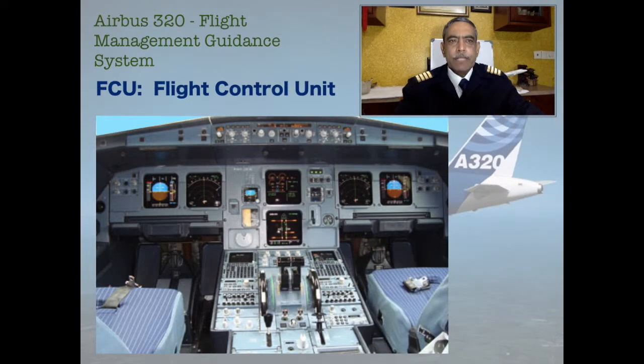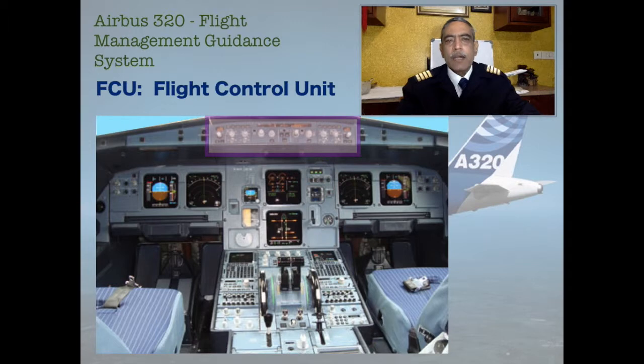Okay, let me take you straight to the cockpit. Here I have highlighted a component called FCU, the flight control unit. Traditionally, this component would be called the autopilot in earlier cockpits, and it would have been located in some other place, maybe in the center pedestal in some of the cockpits which I have flown.